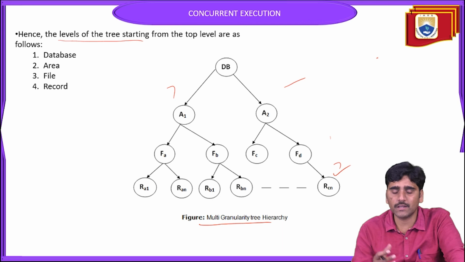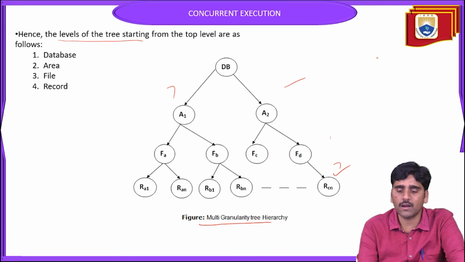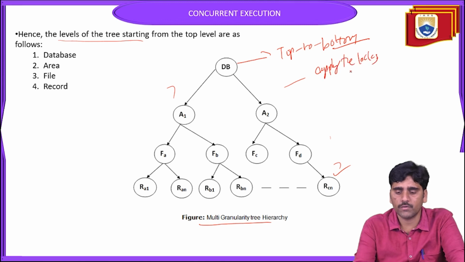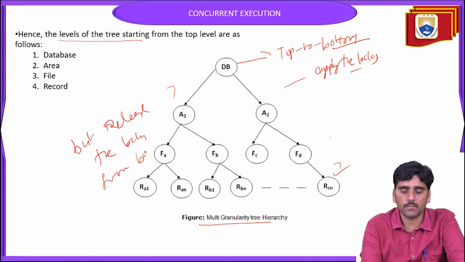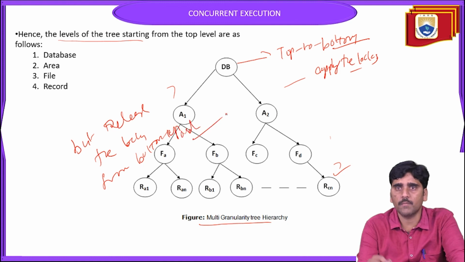But when you are applying the locks from the database to records, you apply the locks from top to bottom order, but release the locks from bottom to up order.